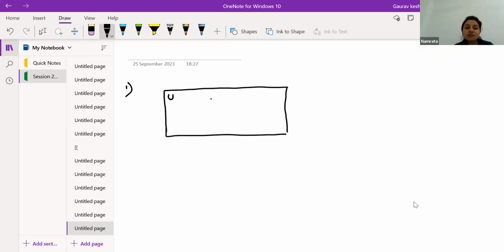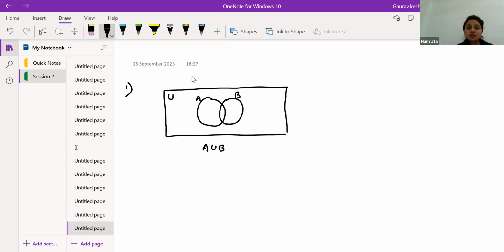So suppose we are having a set A and a set B. Then the union of A union B, if we want to represent, then what we understand by union of two sets is that union means everything, whatever is there in set A and there in set B. So we will be shading the portion which contains set A and set B both.